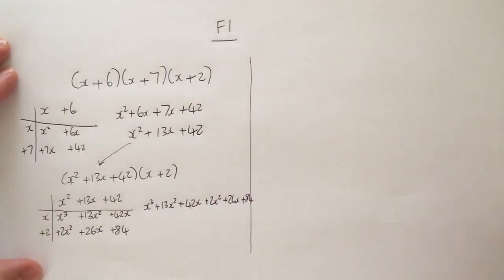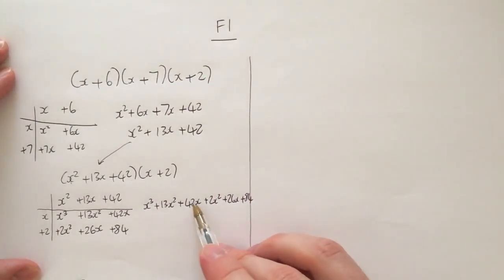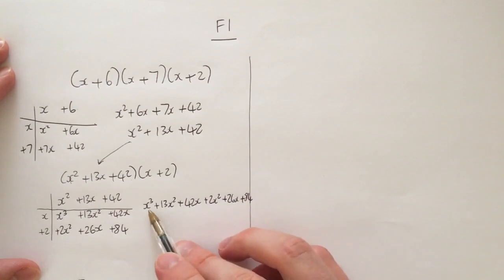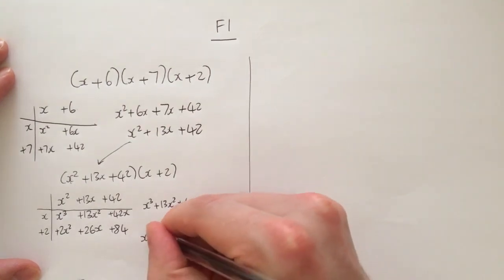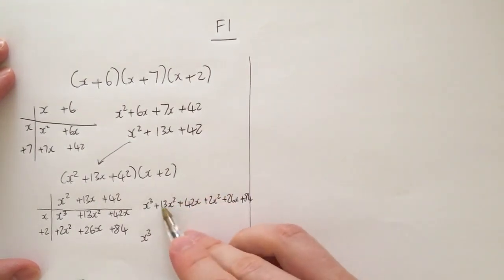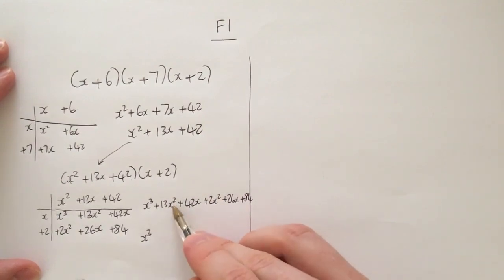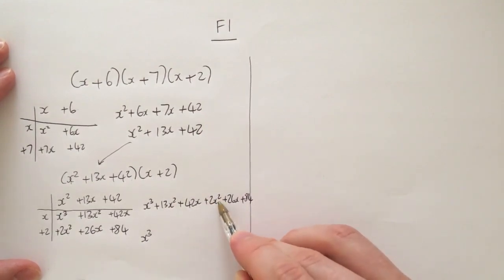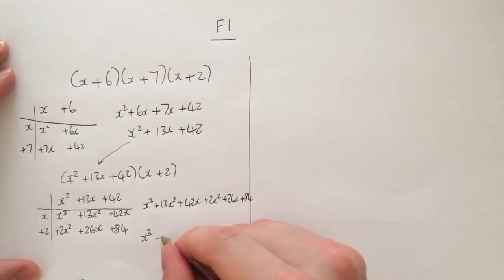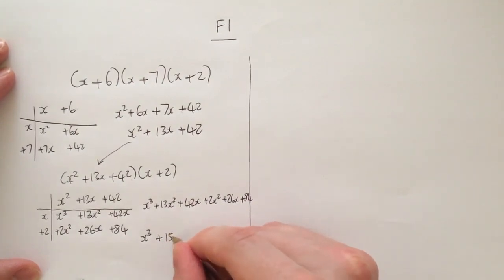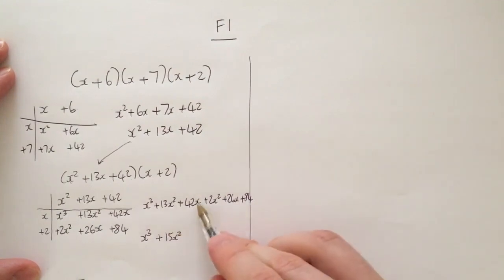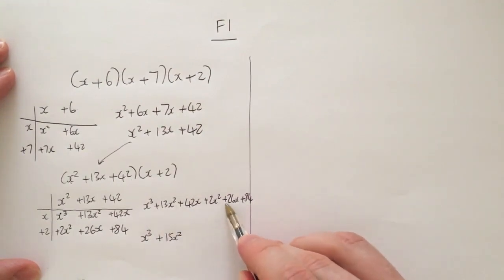Let's try and hang that in there. x cubed, there's no other x cubes here, so therefore that stays the same, x cubed. 13x squared, right, is there any more x squareds? Yes, there's one here. So 13x squared plus 2x squared is going to be plus 15x squared, and then 42x, is there another just x by itself?